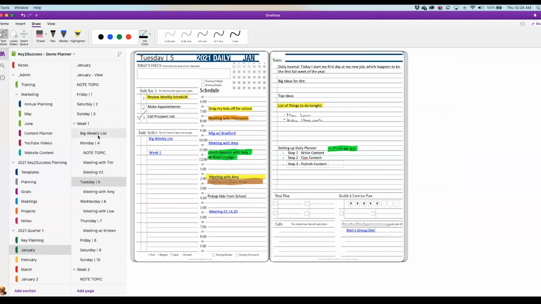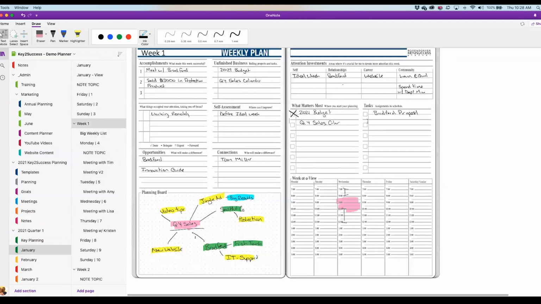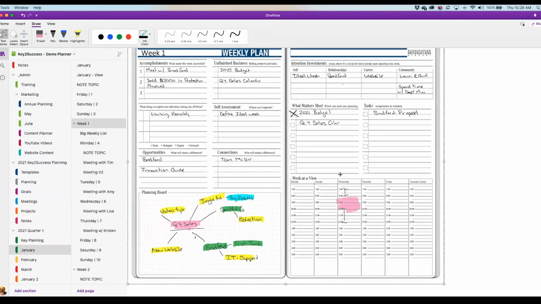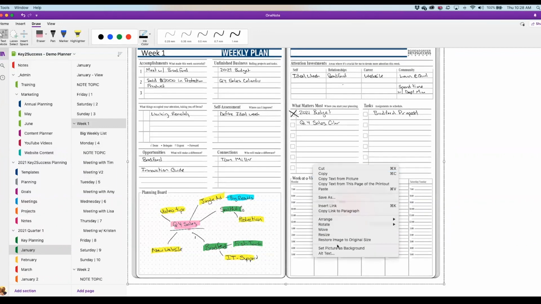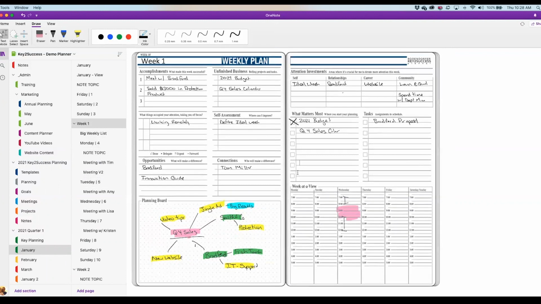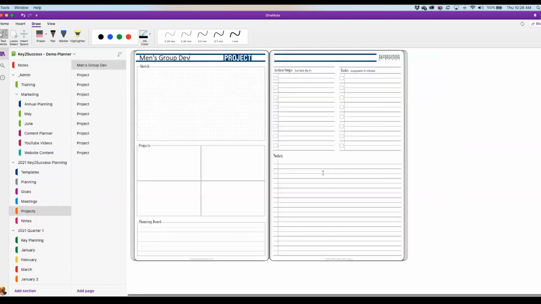Or maybe it's in every week. At the end of the day, what matters most to me is I want to keep seeing that men's group develop even more. So it's just something that stays on your radar, and you're easily able to get back to that project when you need to, and it can easily flow from one week to the next and through the quarter.